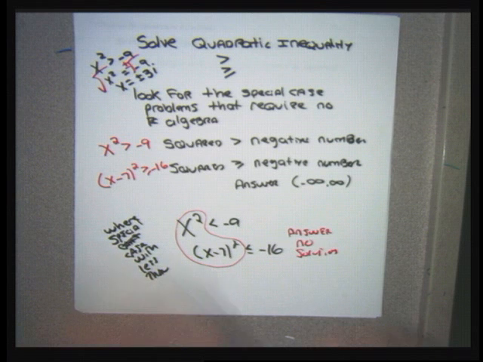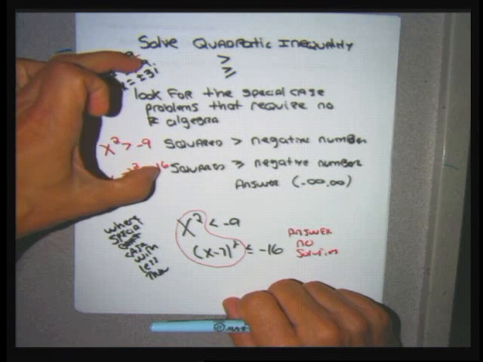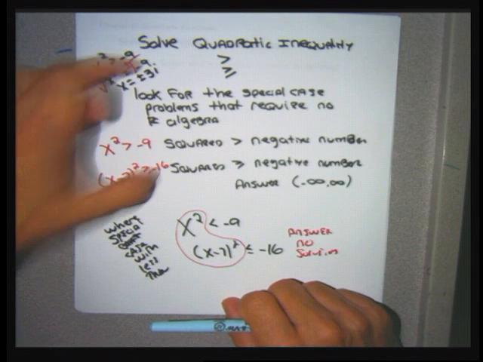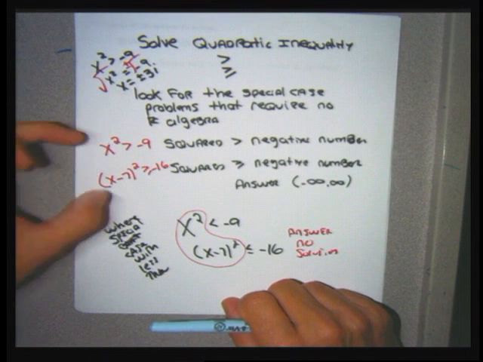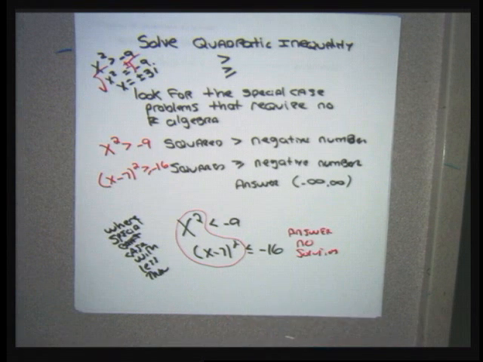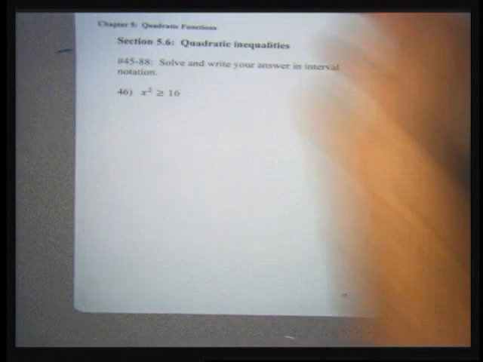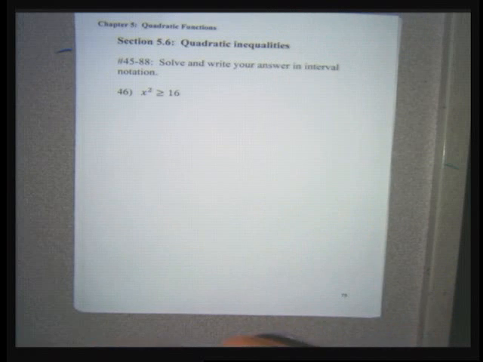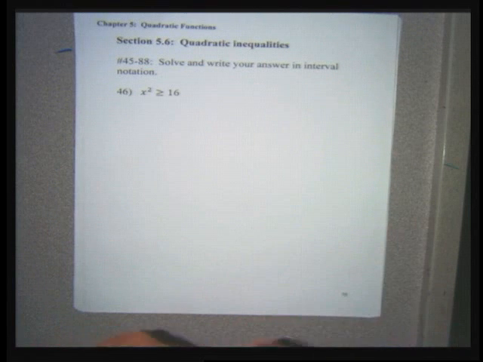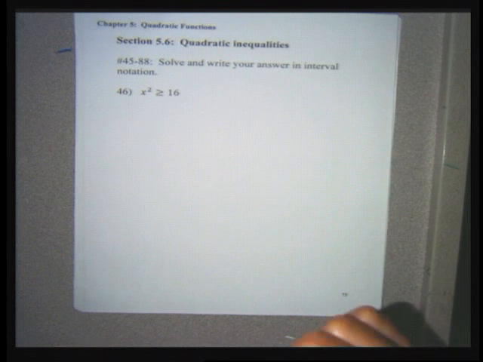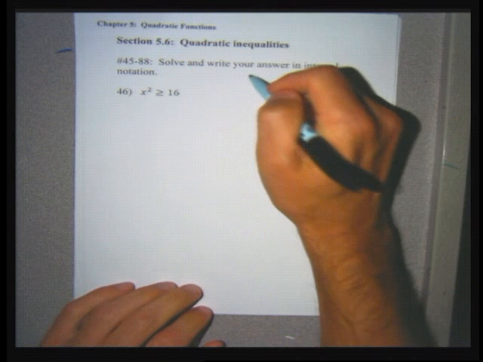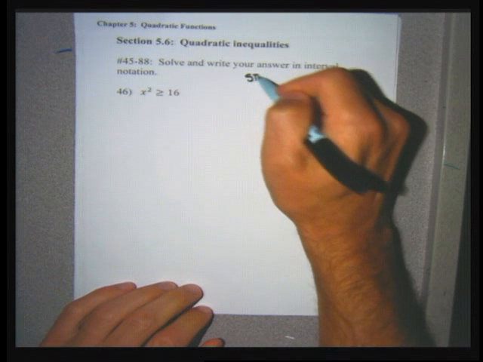So that's one thing we need to be concerned about for greater than or greater than or equal to problems, which we do in this part of the lecture, are the problems that don't require any algebra, and they're going to look like that. And then the normal problems, like problem 46, that's not a special case, you solve them exactly the same way. So to solve this, just like I solved the problems yesterday, I'm going to go through exactly the same steps.